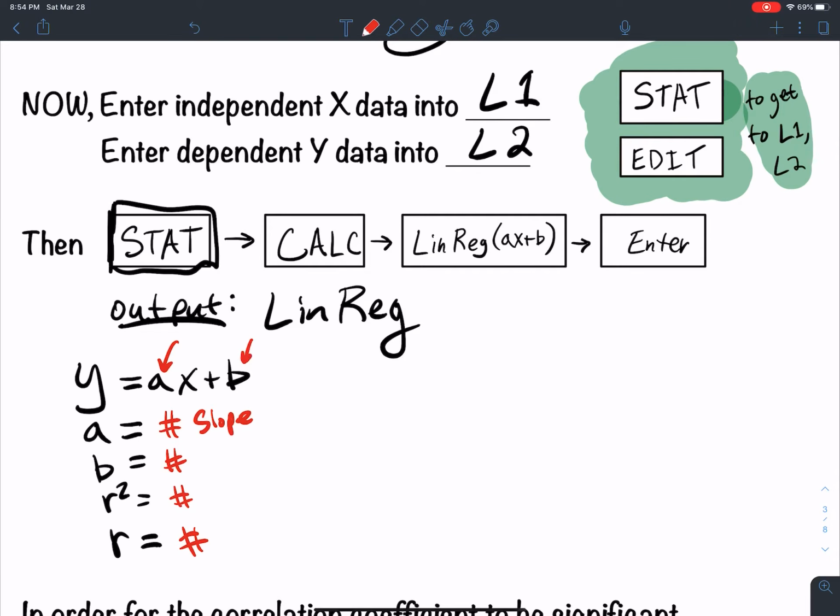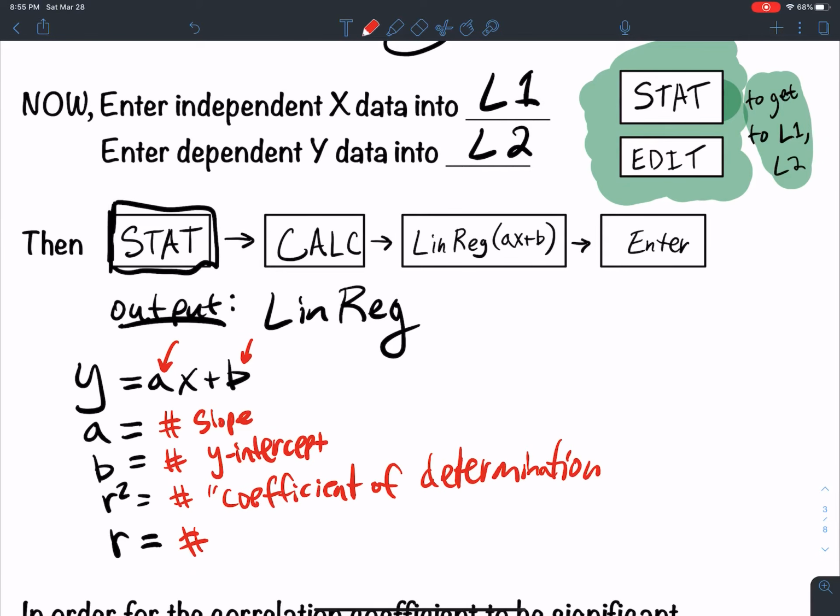The b here, this is my y-intercept. R squared is the coefficient of determination. And the last one is the correlation coefficient.